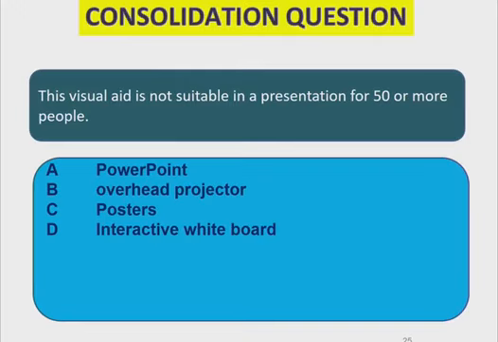And on the screen, you have the options. And let's see what you guys have come up with. And so the options are A, PowerPoint, B, overhead projector, C, poster, and D, interactive whiteboard.